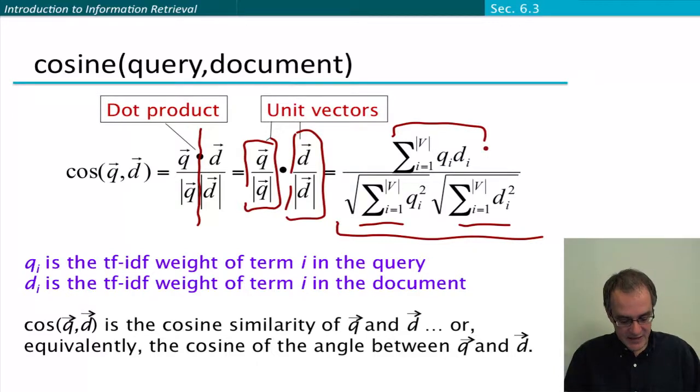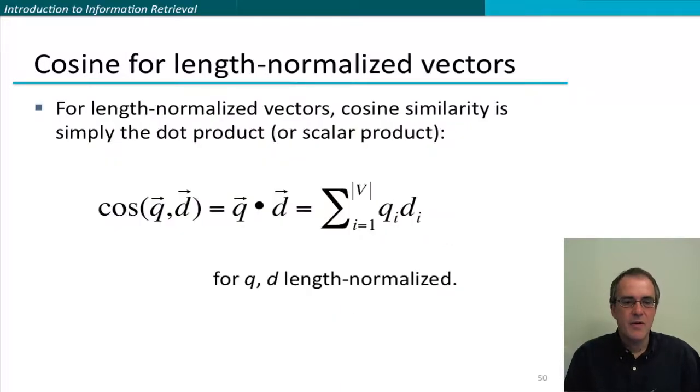Each of these elements, Qi, is the TF-IDF weight of term i in the query, and Di is the TF-IDF weight of the term in the document. In particular, what we might want to do is length normalize our document vectors in advance, and length normalize our query vector once the query comes in.